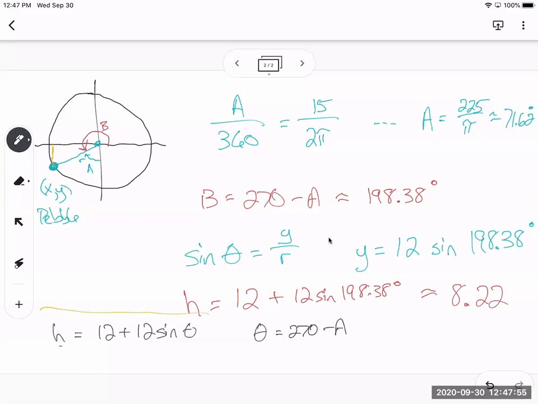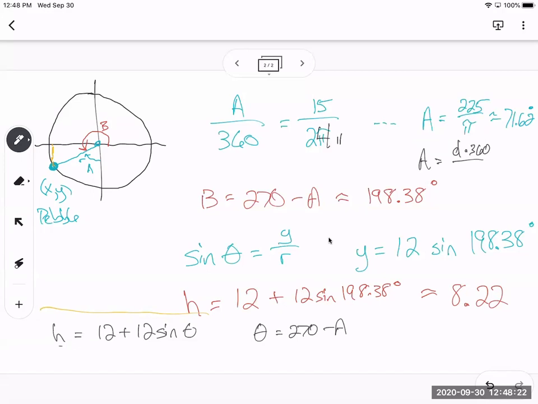And A, how did I figure out A? I figured out A based on the 15. So A was 15, which I'm going to replace with my distance, times 360 divided by, I see what I did wrong here.